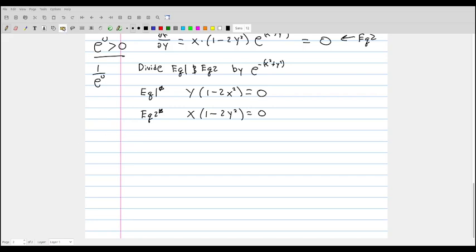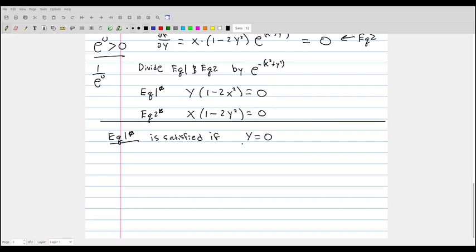So for equation 1 star, this is satisfied if one of two things is true: if y is equal to 0, or if 1 minus 2x squared is equal to 0.